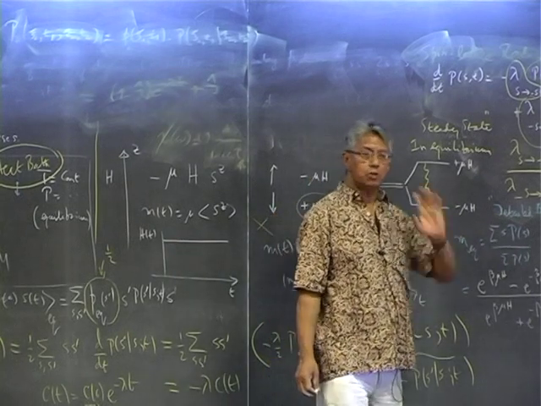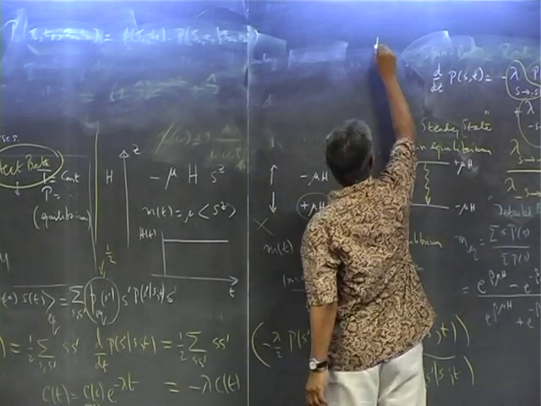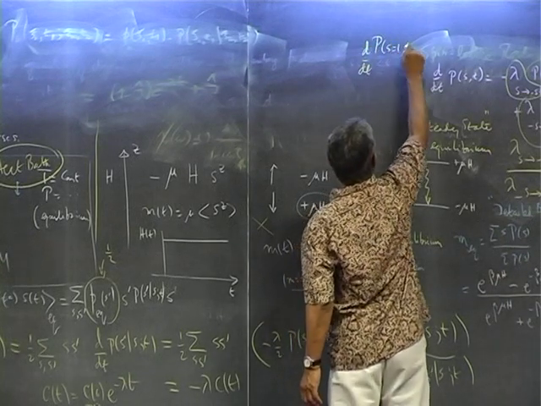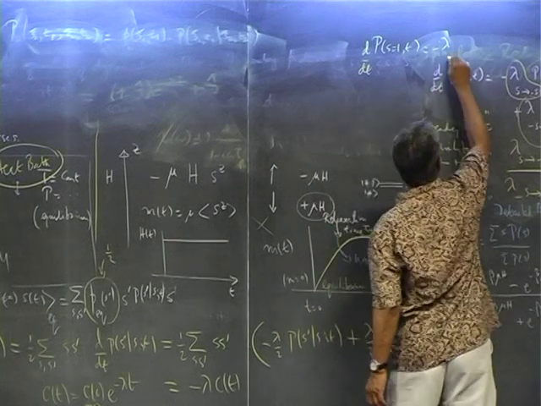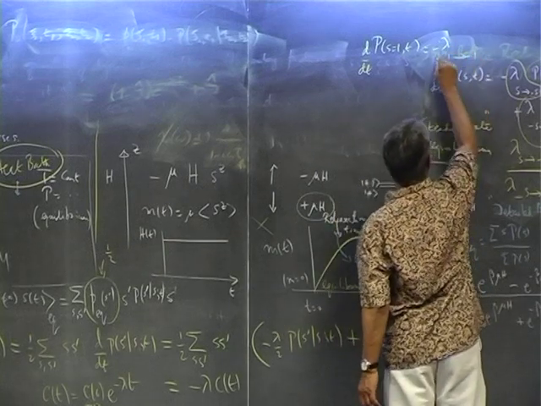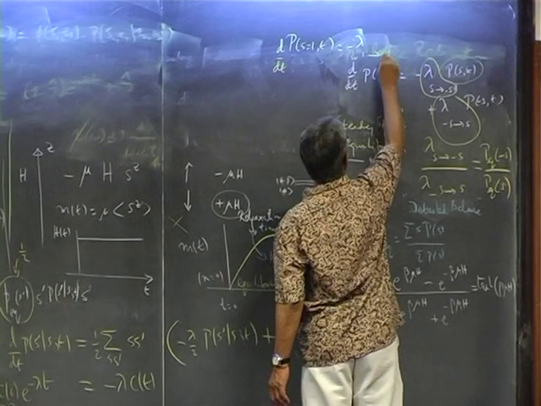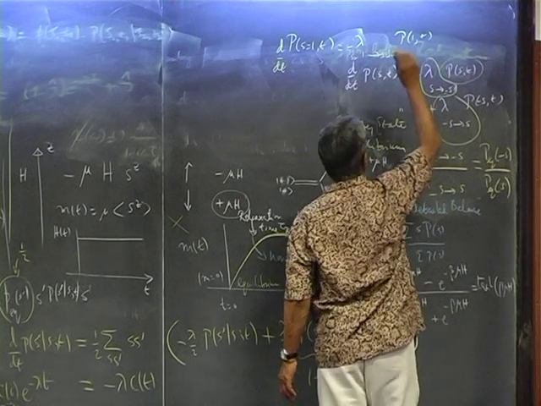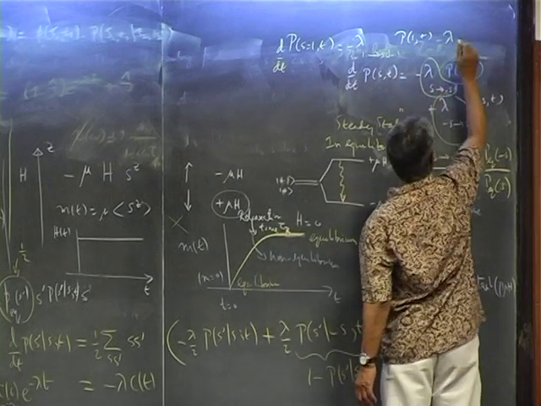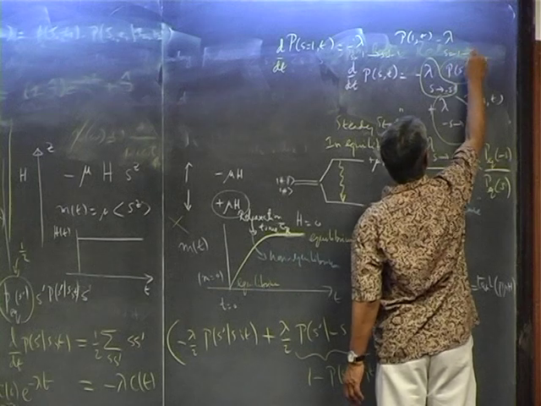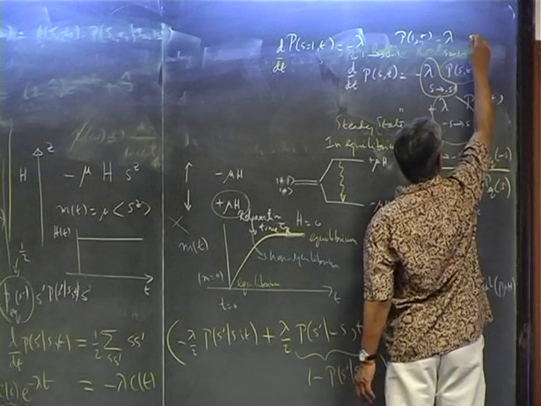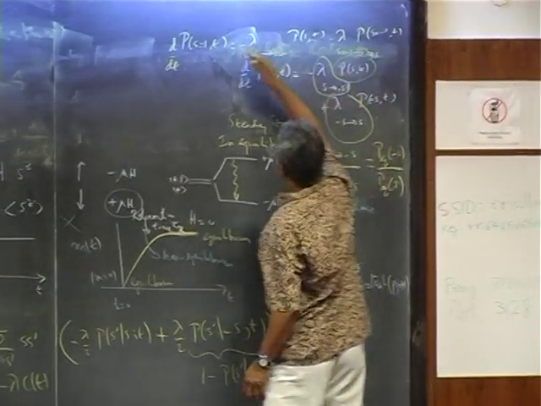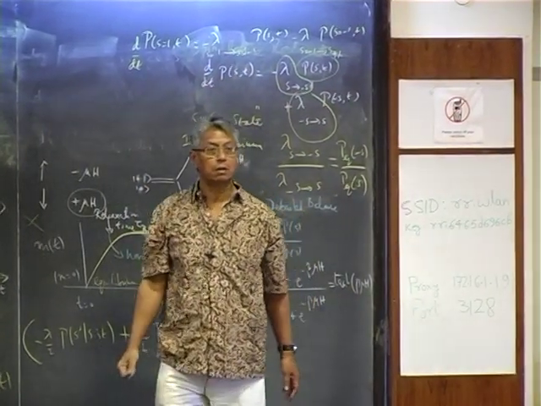S is a variable. I can also write d/dt of P of S equal to 1 comma T, and then that will be like lambda from S equal to 1 going to S equal to minus 1, P of 1 comma T, minus lambda from S equal to minus 1 to S equal to plus 1, P of S equal to minus 1 comma T, and another equation for S equal to minus 1.